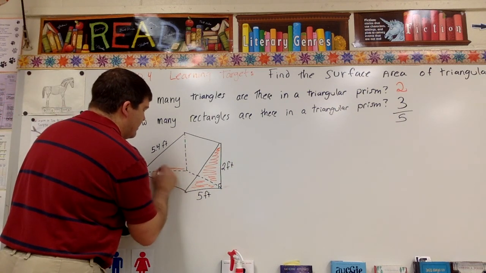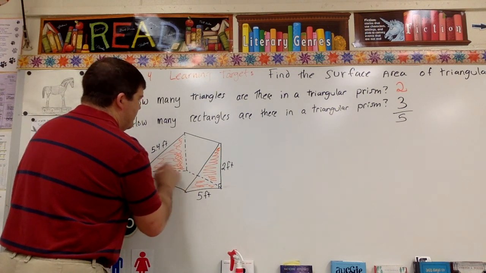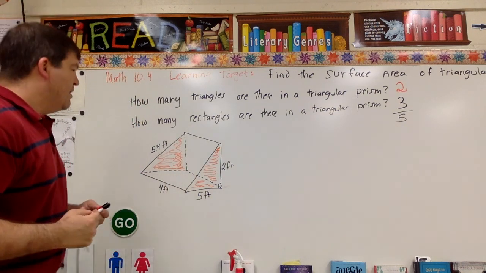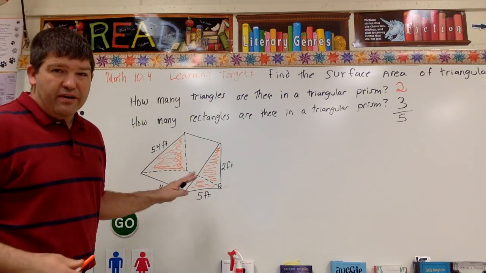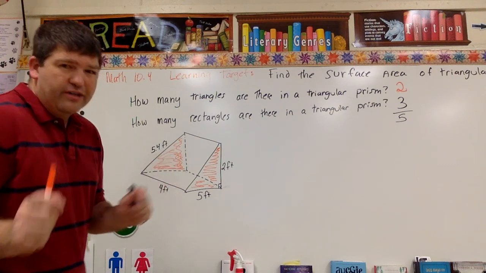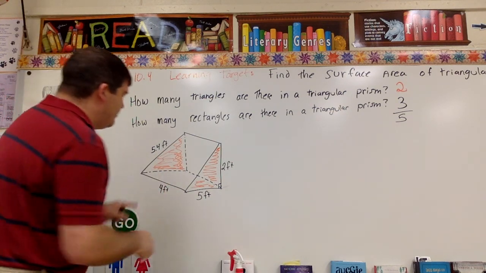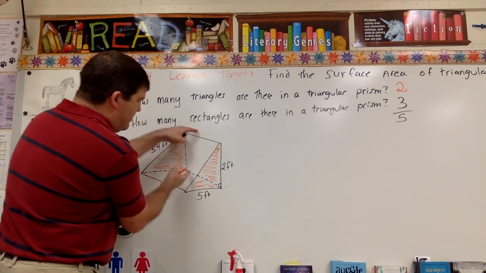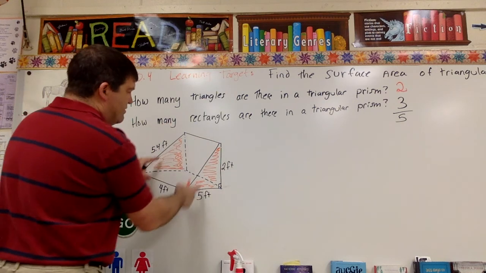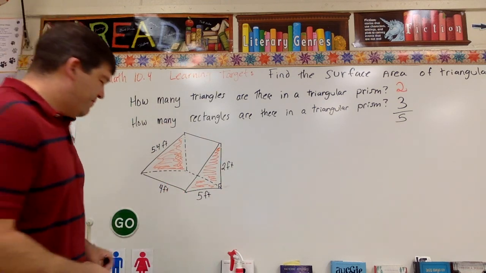So on the other side is another triangle, and those are the same size. It doesn't look like it on this drawing because I'm not a great drawer of prisms, but they're the same size because this is 5 feet, this is 5 feet, this is 2 feet, this is 2 feet. So they're the same size. So let's find those 2 triangles.